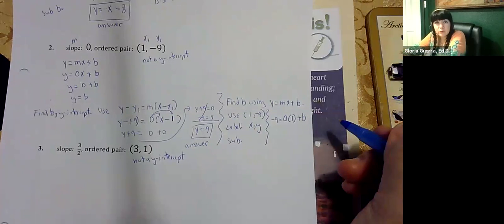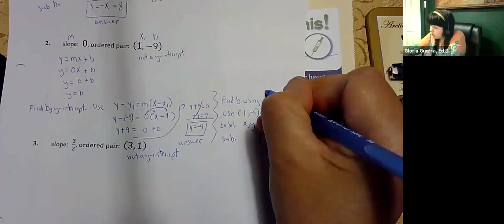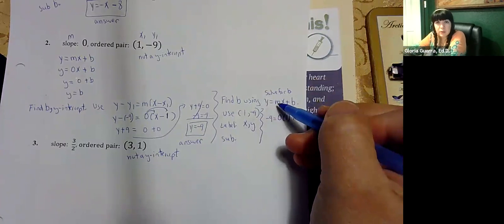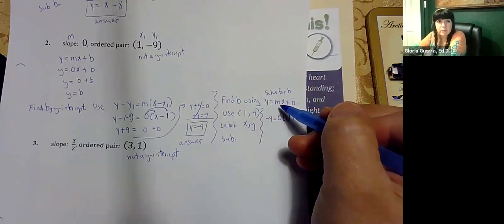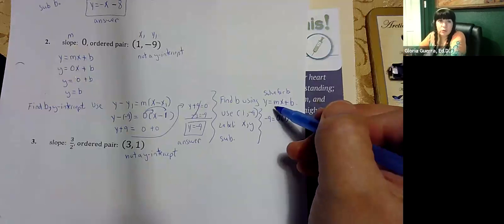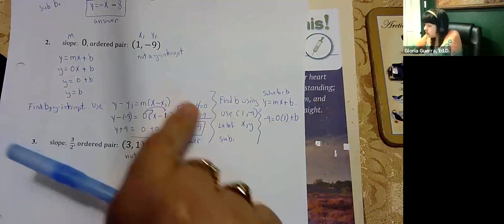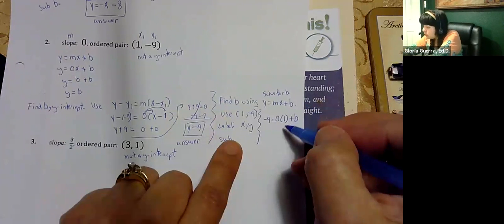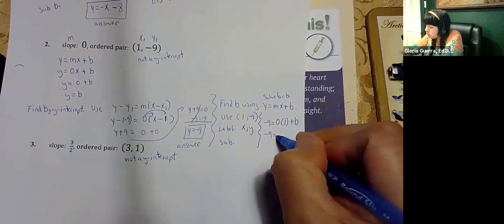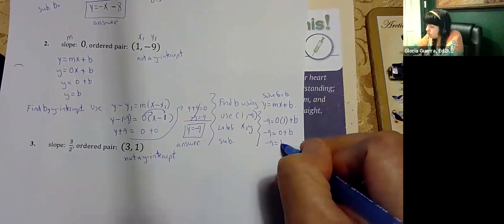When you use this formula you're solving for b, so you need to plug in a number for y, m, and x. m is given, m is 0, but for your y and x you use this point. So x is 1 and y is -9. So you have -9 equals 0 plus b, because 0 times 1 is 0. And so you have -9 equals b.